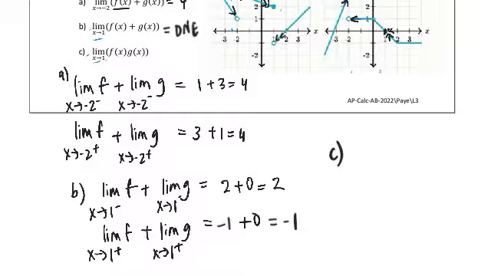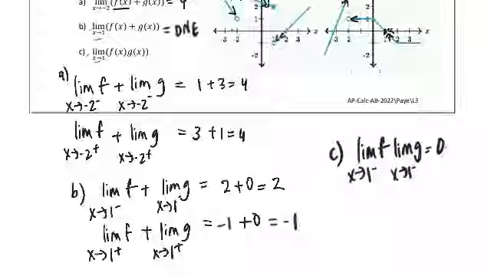Okay, the last one is exactly the same arrow number, but I'm multiplying. So I just have to do what I did in the last part B, except I'm multiplying the two limits instead of adding. And so I'm going to get 2 times 0, right, which is 0, approaching from the left.